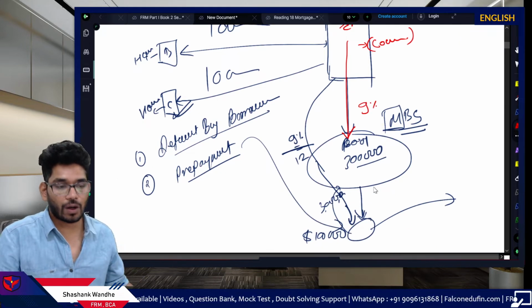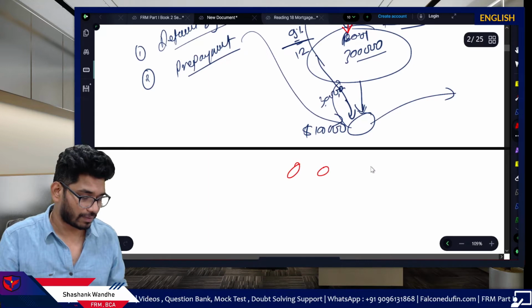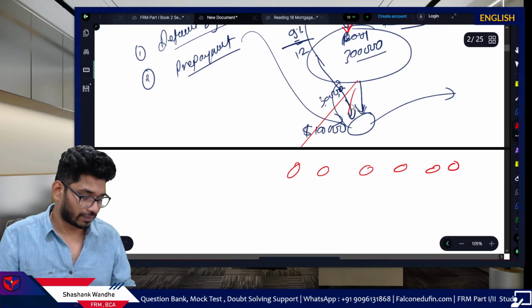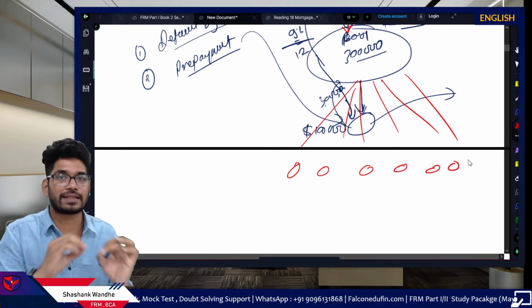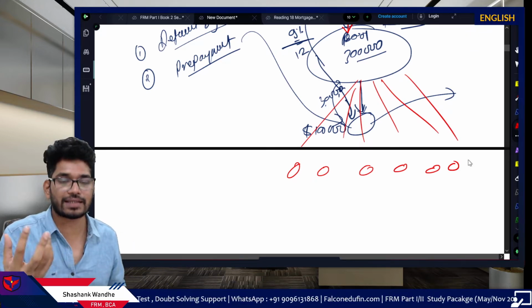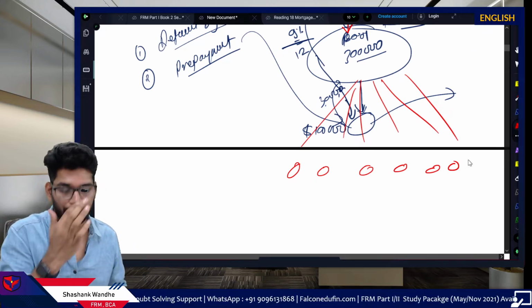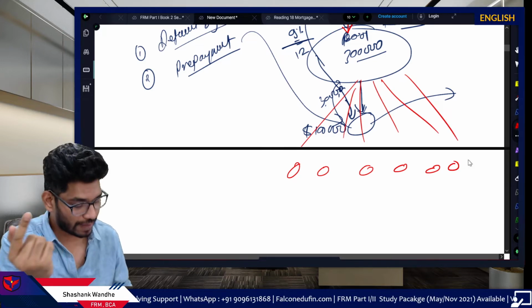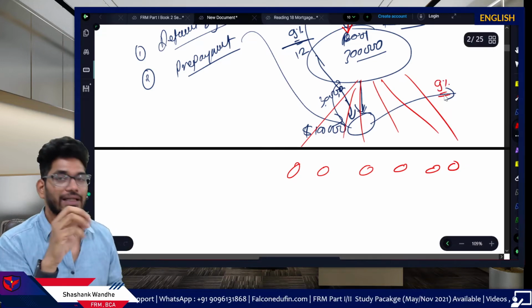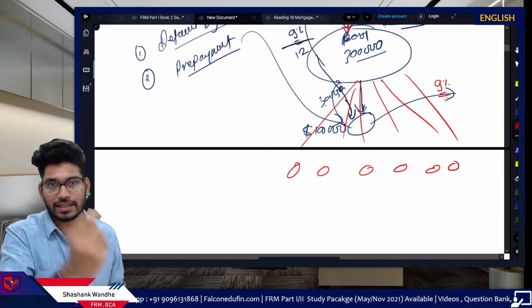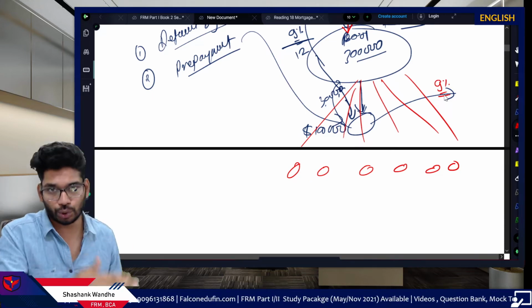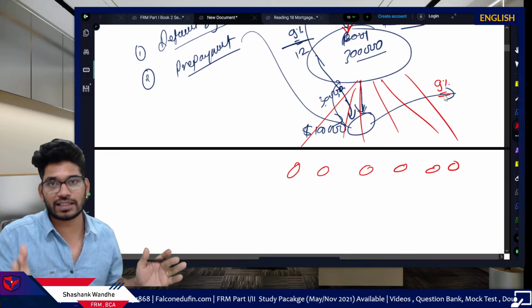Or if there are say 1,000 investors, then every investor is getting the same risk, same return. Same risk as in same prepayment risk, same default risk, and then same return of 9%. In this particular case, this is known as the pass-through security. That is, whatever the bank is receiving is passed through the channels and investors are receiving that.